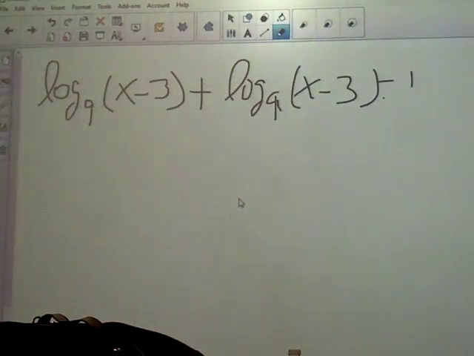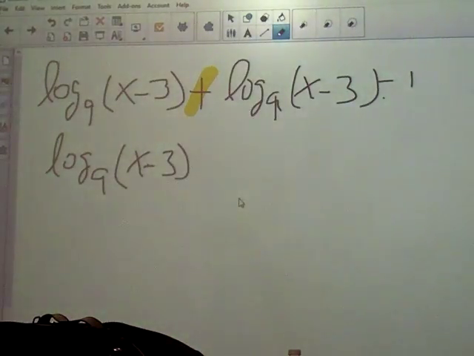So what you need to notice is that those 2 logs are separated by an addition sign, and addition is friends with the product property. So you're going to rewrite this using the product property. It'll be log base 9 of x minus 3 times x minus 3 is equal to 1.